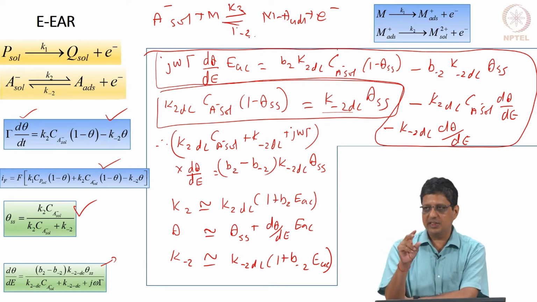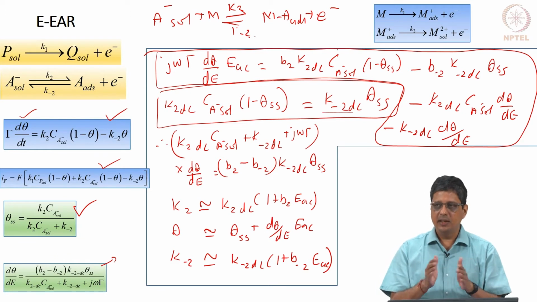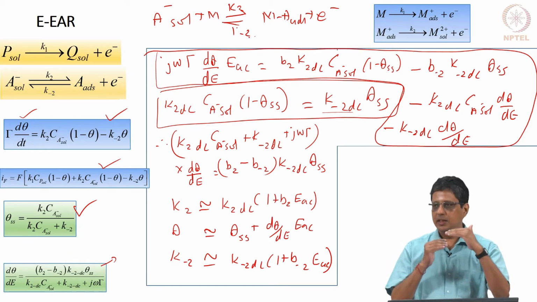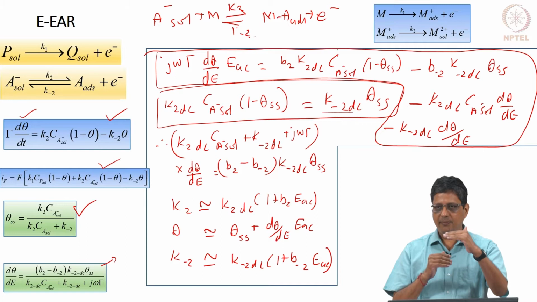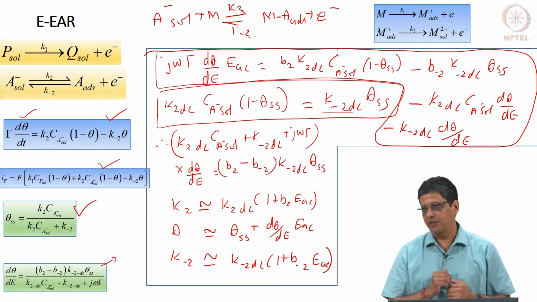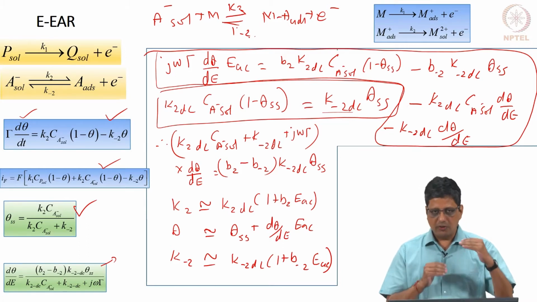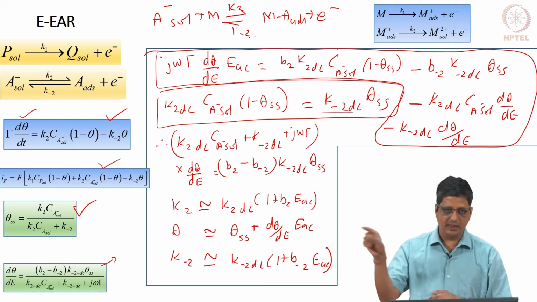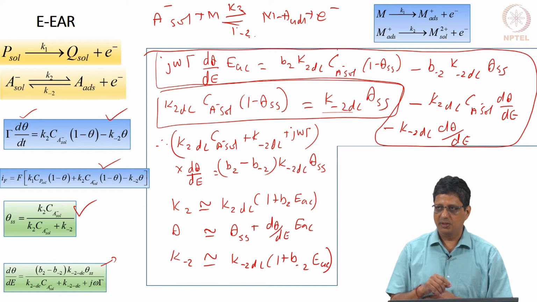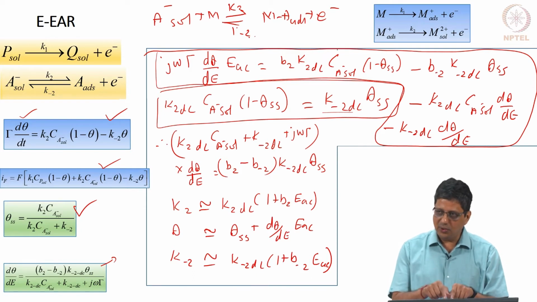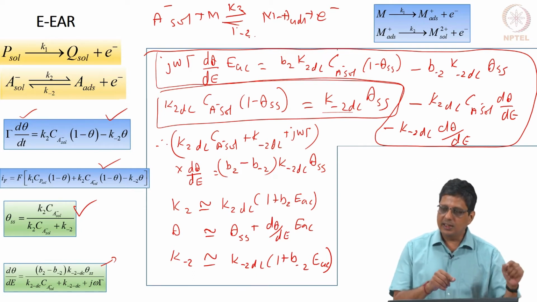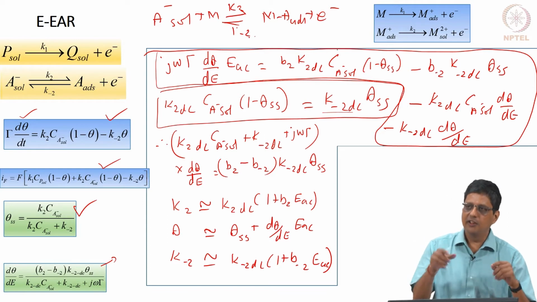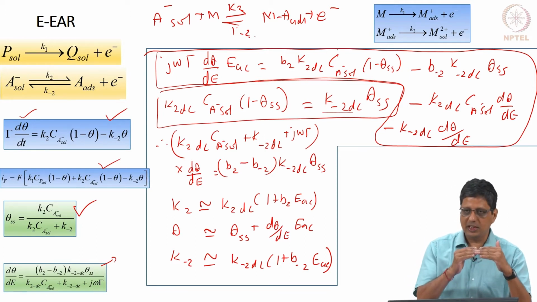Let us make up a number and say if I apply certain DC potential, 0.2 volt with respect to equilibrium, then I have 30% surface coverage. Now, when I apply an AC, it is going to oscillate maybe between 31 to 29 percent. Okay. So, I need to know this value. So, I can tell the current is going to change by so many milliamps per square centimeter.